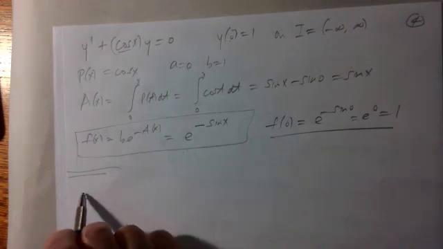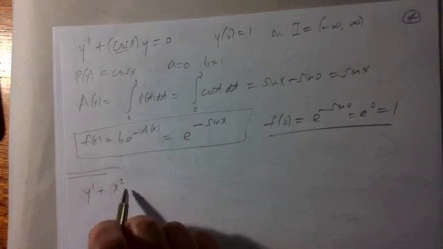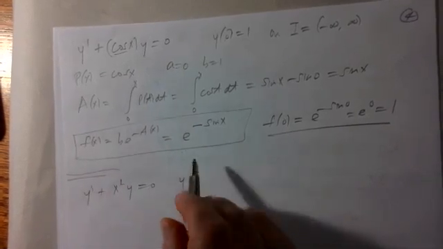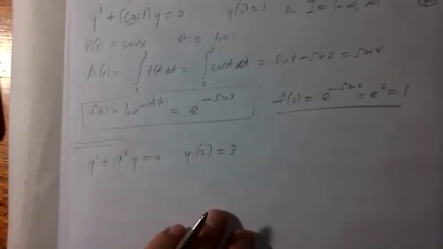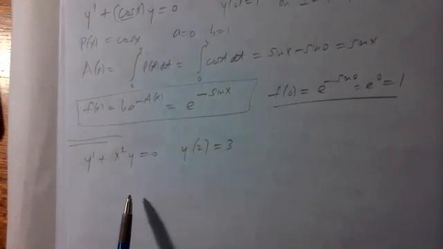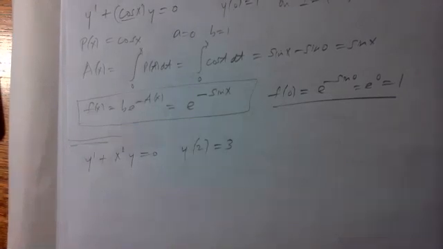Suppose we have the differential equation y prime plus, I don't know, x squared y equals 0, and we want y of 2 to be equal to 3. So I just made up a differential equation and an initial condition, but there has to be a solution by our theorem.